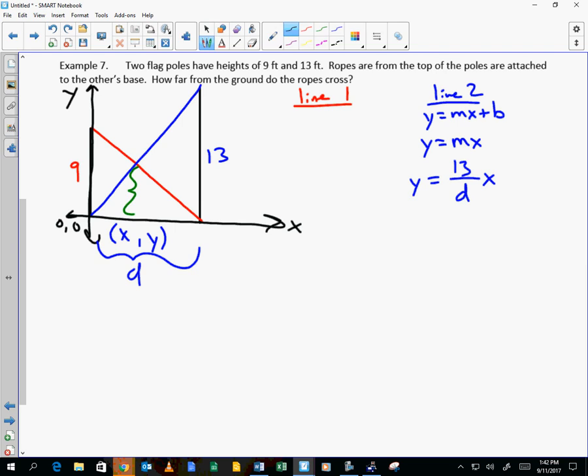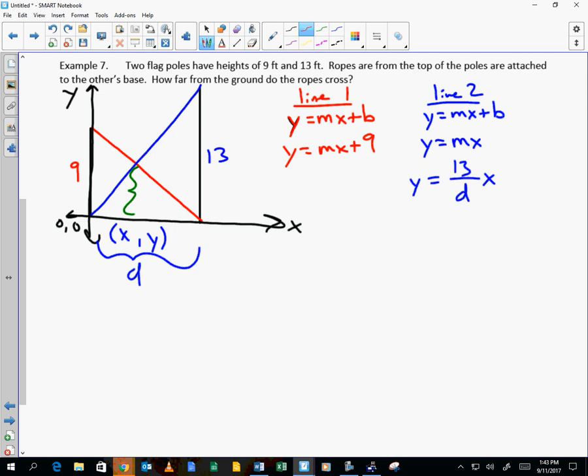So we'll do line 2. y equals, trying to stay color-coded here, y equals mx plus b. b is the y-intercept. What's the y-intercept for the red line? 9. That's going to be a 9, right? y equals mx plus 9.